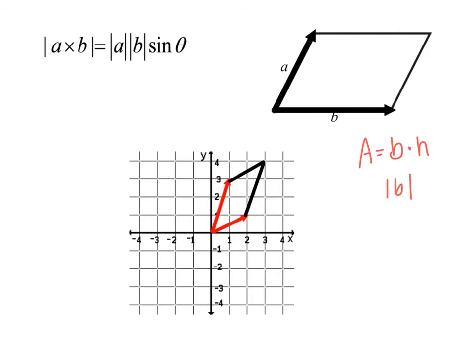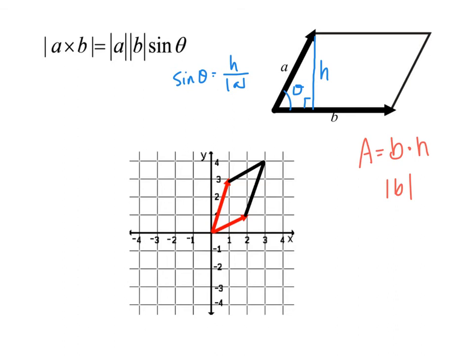Now the height, well of course the height is perpendicular. So you think, I would really need to know this angle, and that's how I would calculate the height. I would do the sine of theta equals opposite over, and you'd need the length of a, so magnitude a.